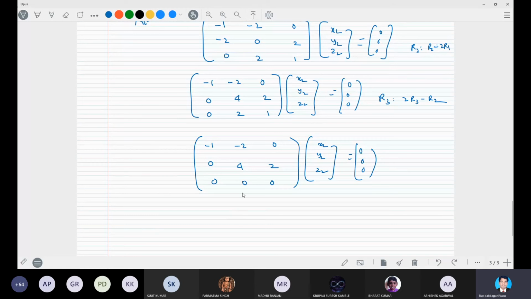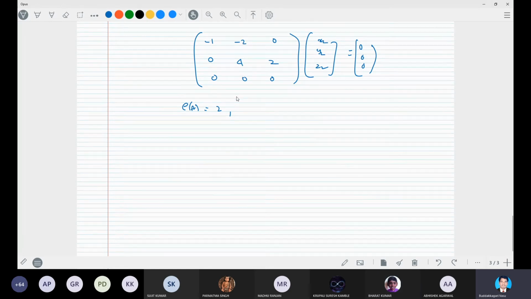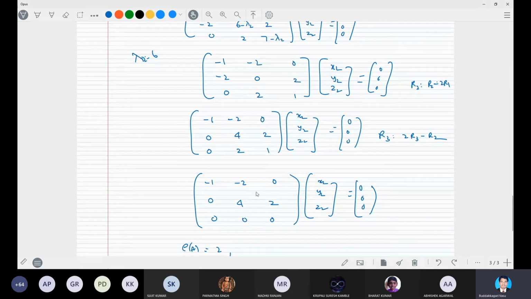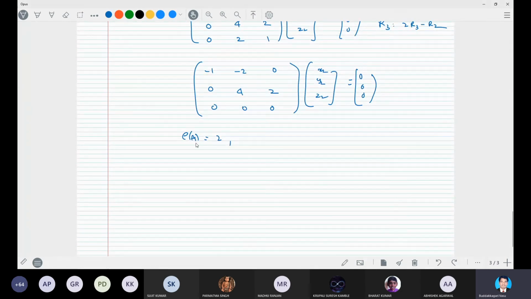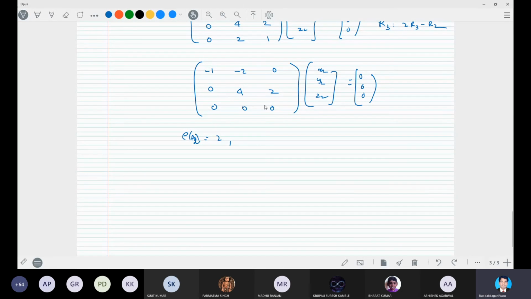It results here also in rank of the matrix A being equal to 2. Don't get confused, this is modified A, because A minus lambda 2 I is not A, it cannot be the same always. Remember, the rank of the above coefficient matrix, this may be A2, is equal to 2, and then it is less than the number of unknowns.